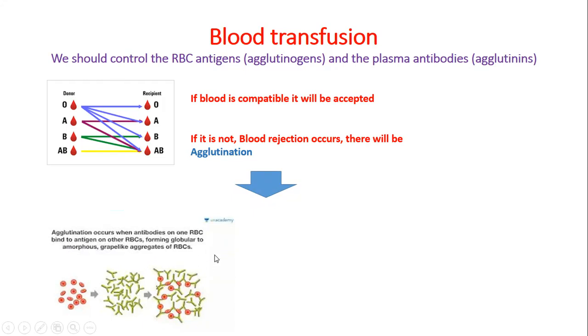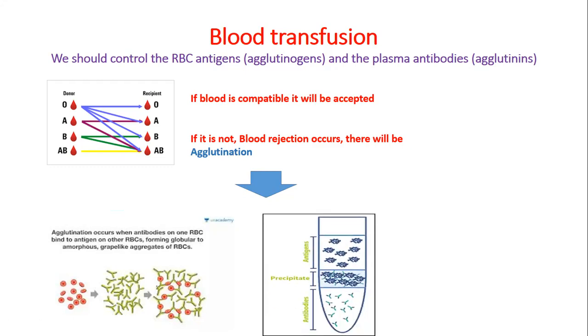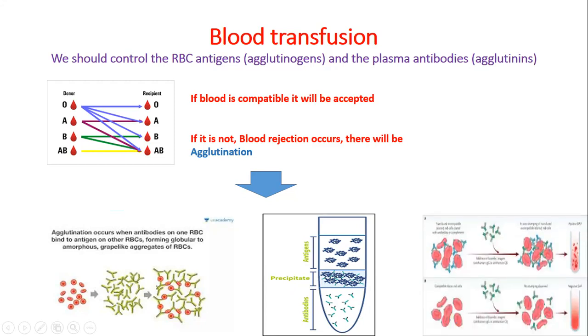This is what we call the antigen antibody complex. Look at this case, the red blood cells and the antibodies, and this is the precipitation of antigens with antibodies. Agglutinogen complex.